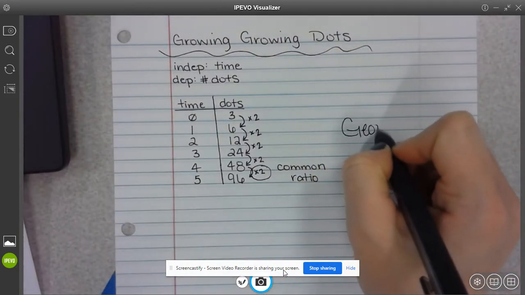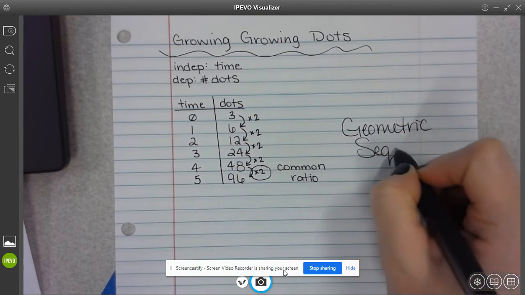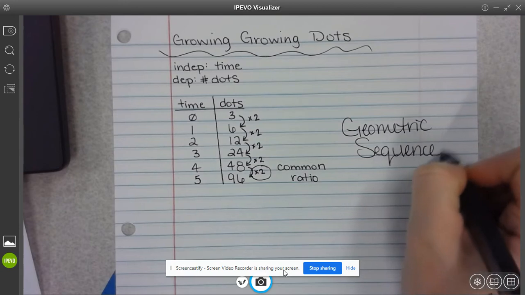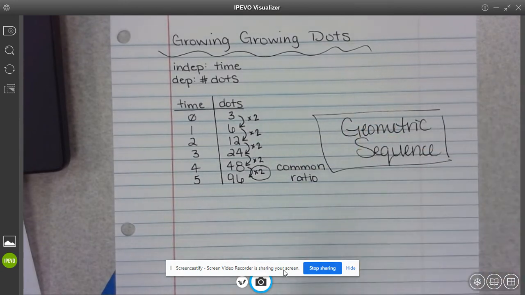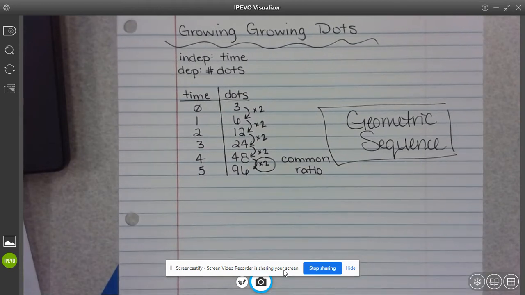Now, we're dealing with a geometric sequence. So arithmetic goes with a common difference that has addition or subtraction. Geometric sequences are dealing with a common ratio that is multiplication.